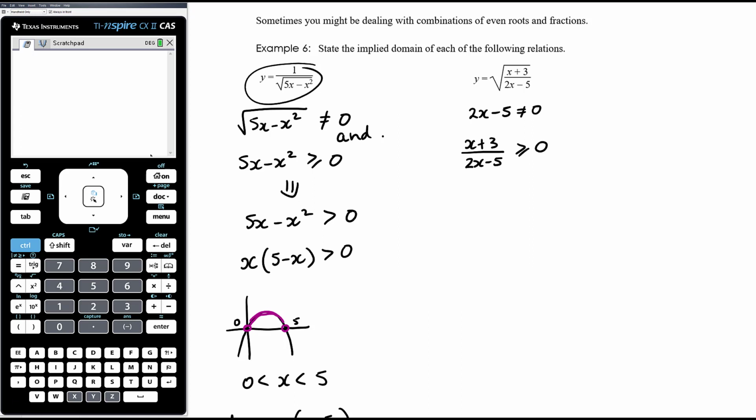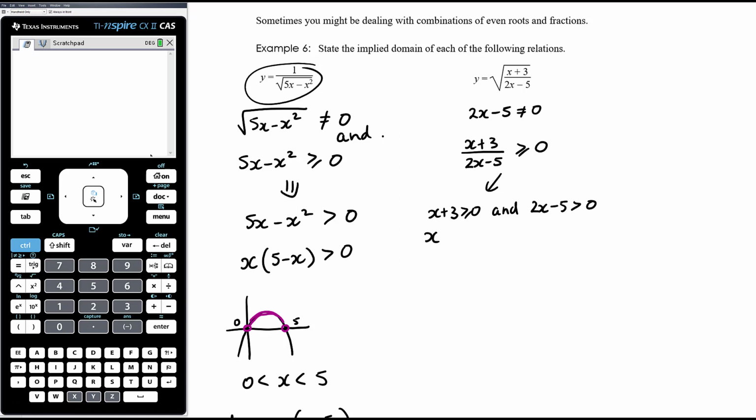Okay, so that fraction will be positive if both the numerator and the denominator are positive. The numerator can be 0 because that would make it equal 0. So this will happen if x plus 3 is bigger than or equal to 0 and 2x minus 5 is bigger than 0. Can't be equal to 0 because of the fraction restriction.